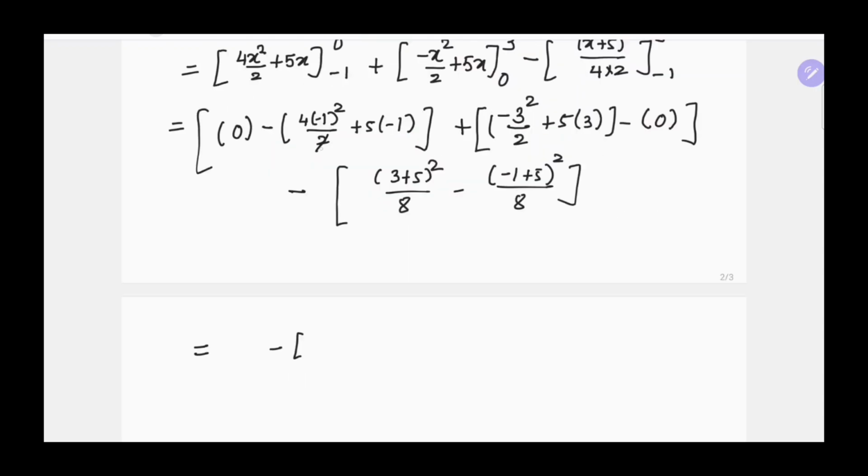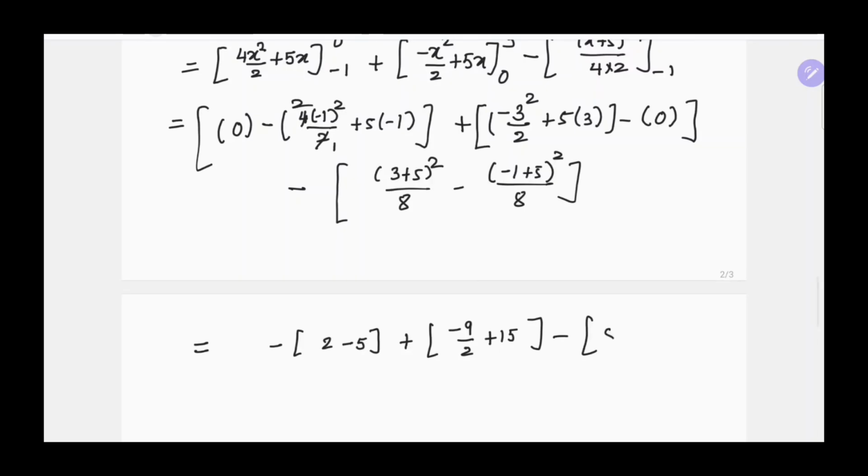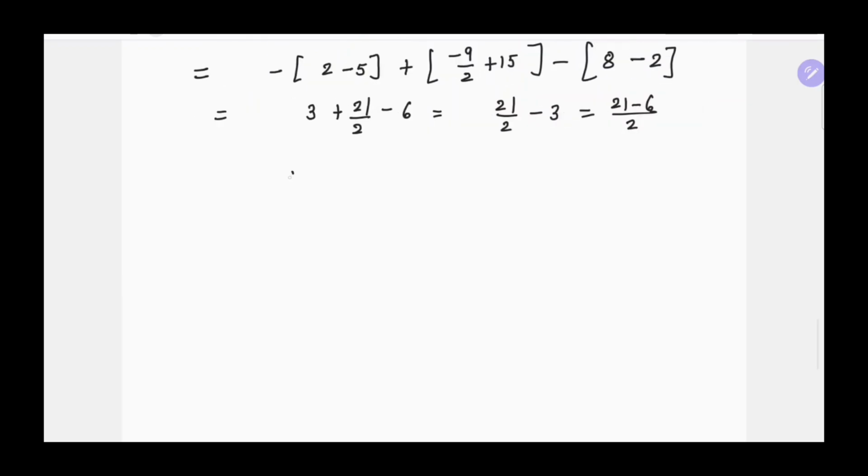Simplification: minus of 2 ones, the 2 twos are cut, so I will remain with 2 minus 5 plus minus 9 by 2 plus 15 minus 8 square by 8, that is 8, minus 4 square by 8, that is 2, which is equal to 3 plus 21 upon 2 minus 6, 21 by 2 minus 3, which is equal to (21 minus 6) upon 2.